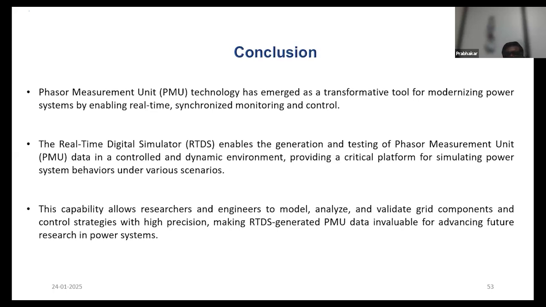So this is what I said, the soft PMUs which are available in RTDS. If you really cannot purchase actual PMUs, you can work in this RTDS environment, through which you can get data from the PMU which is more or less similar to actual PMU data, for future research in the power system network.